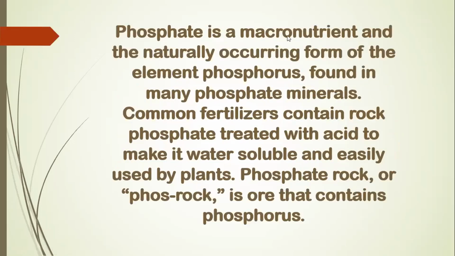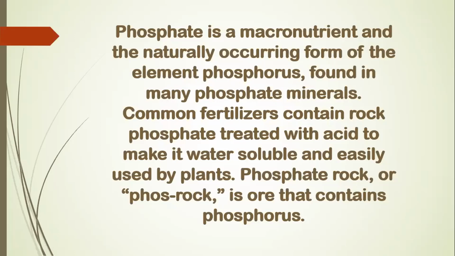Phosphate is a macronutrient. Now, in this case, we're talking about a macronutrient for plants, but phosphate is important in both animal and plant physiology. So phosphate is a macronutrient and the naturally occurring form of the element phosphorus, found in many phosphate minerals.